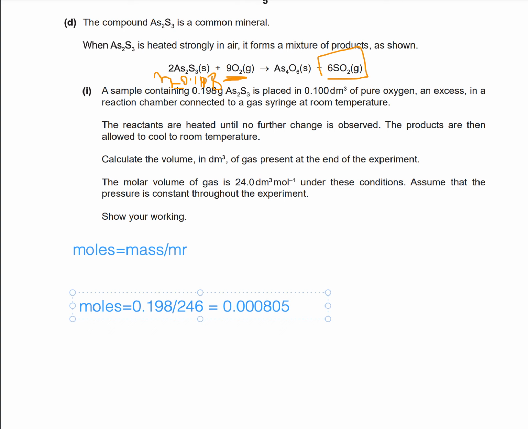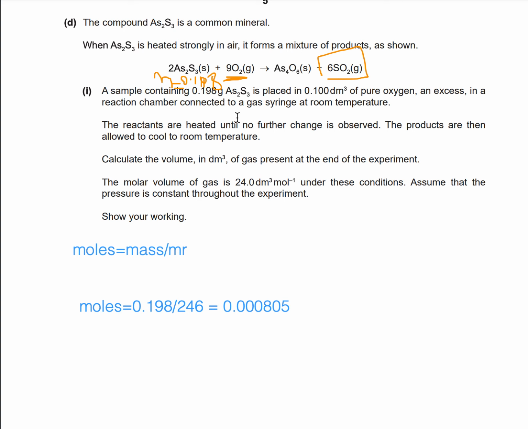Let's keep it like that for now so it does not get confusing for you. So that's the moles in the experiment, right?